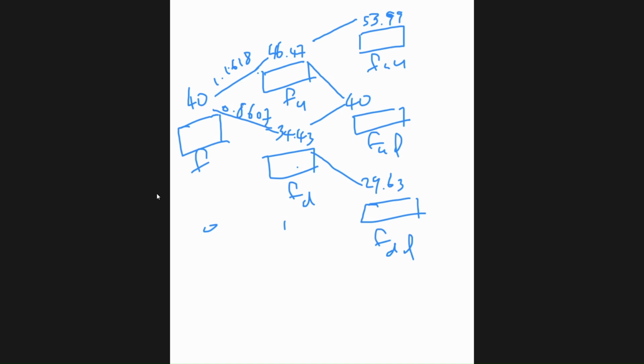The terminal values are easy to find. You are simply calculating the payoff. We know that the exercise price is 40.